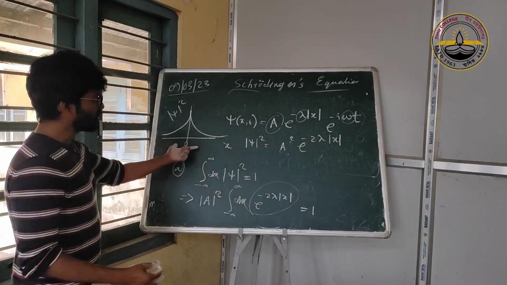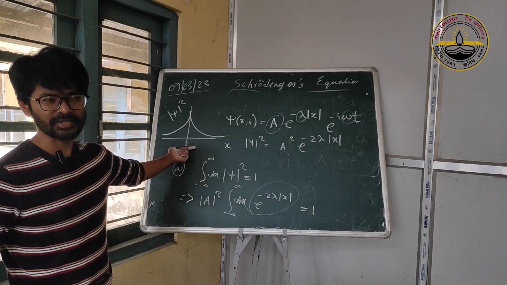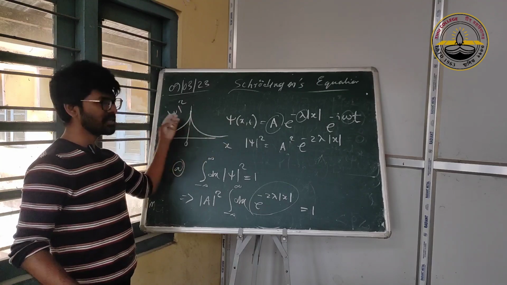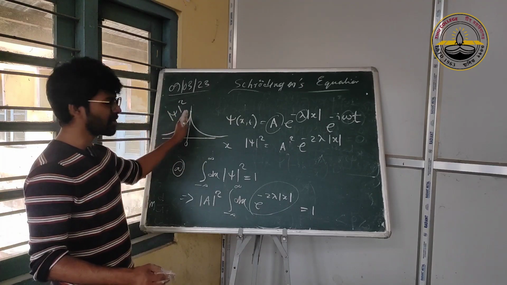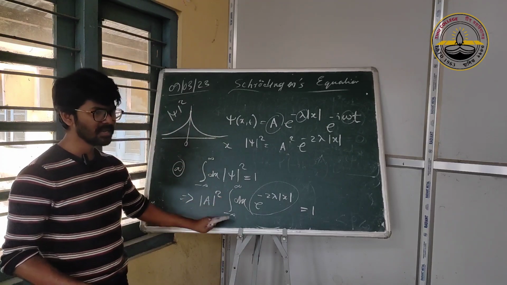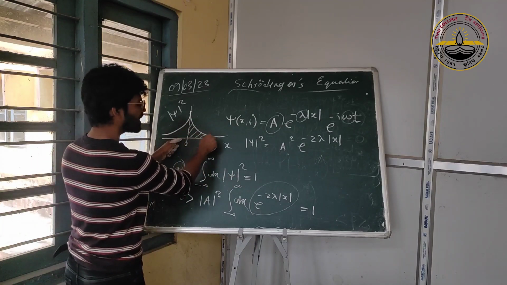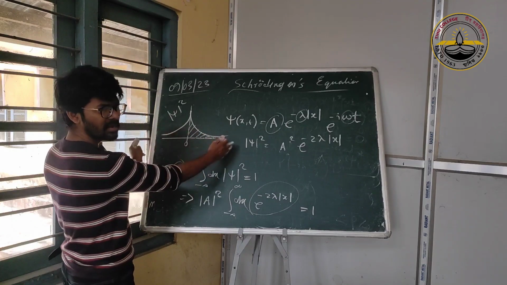And so you know this is an even function. What is an even function? It is just the same on this side, a mirror reflection. And if you have an integration over an even function from minus infinity to plus infinity, that's just twice 0 to plus infinity. You could just calculate this side and take double of this, and that will be your total area inside.